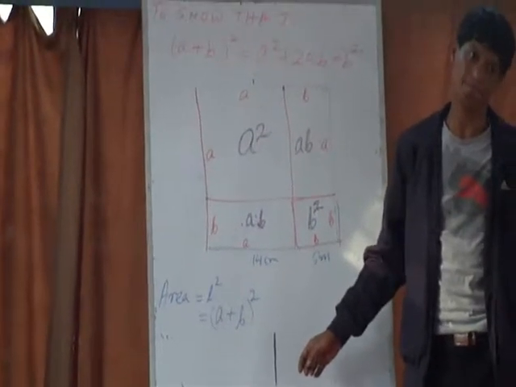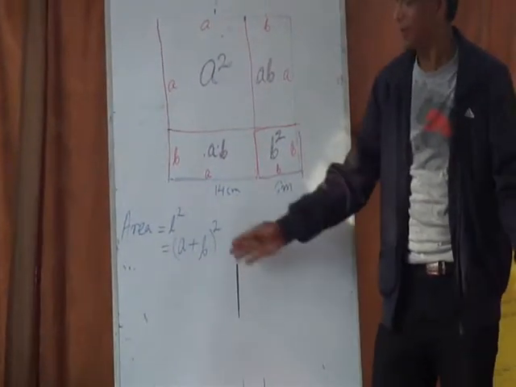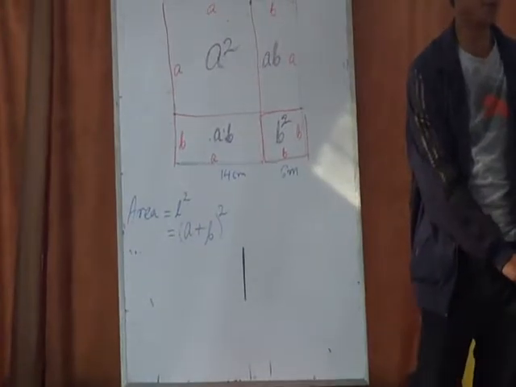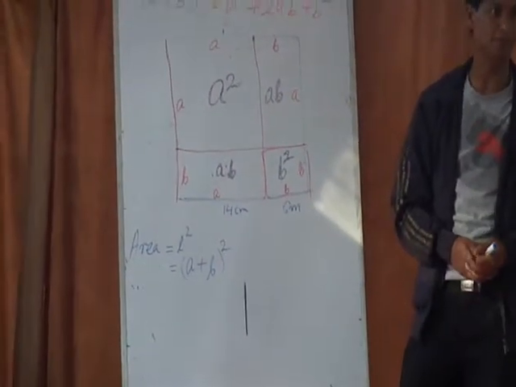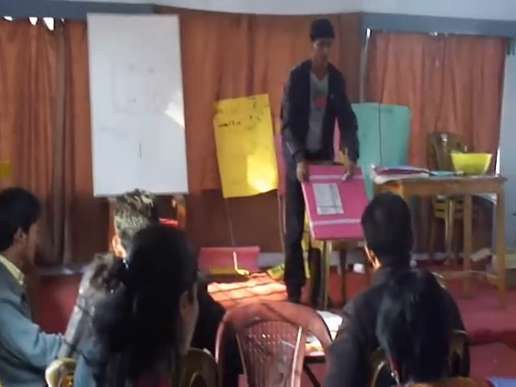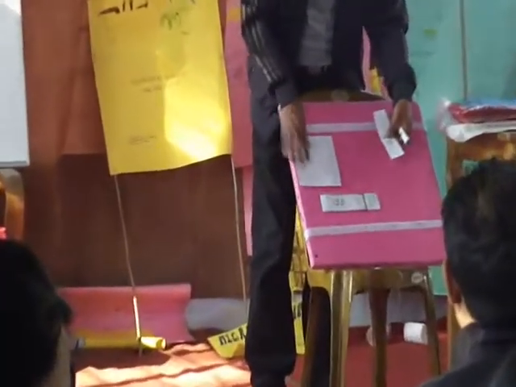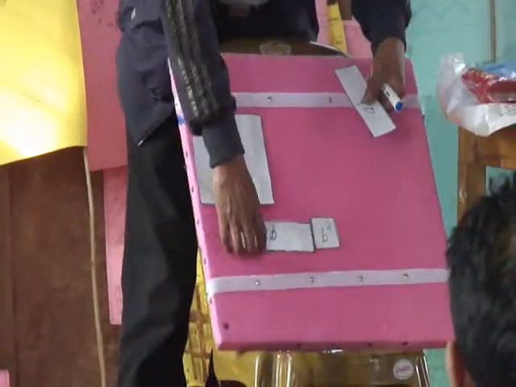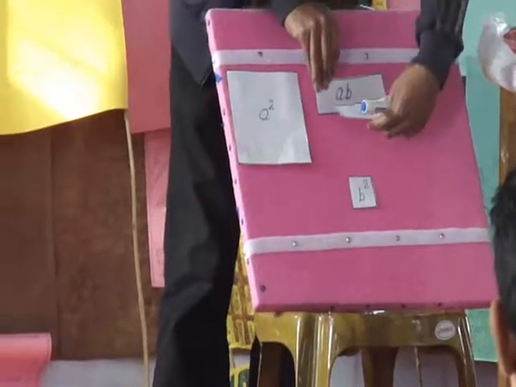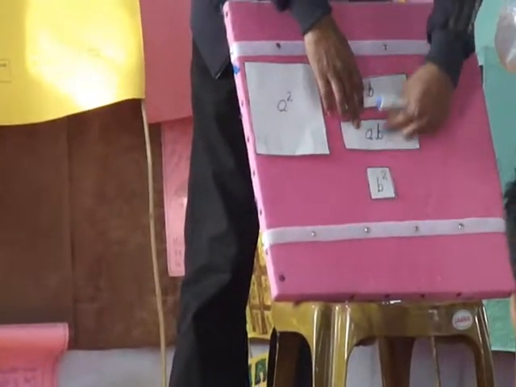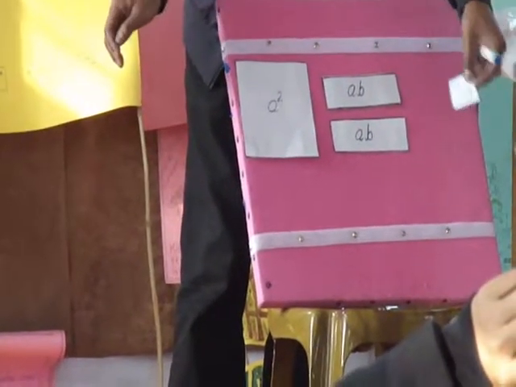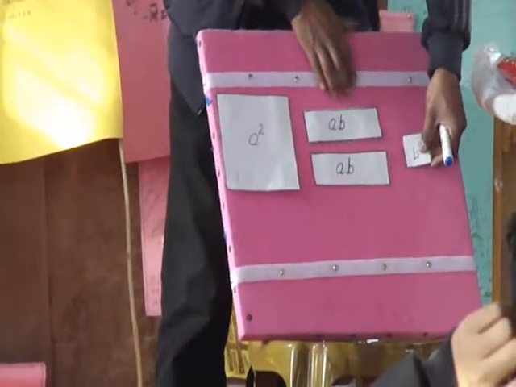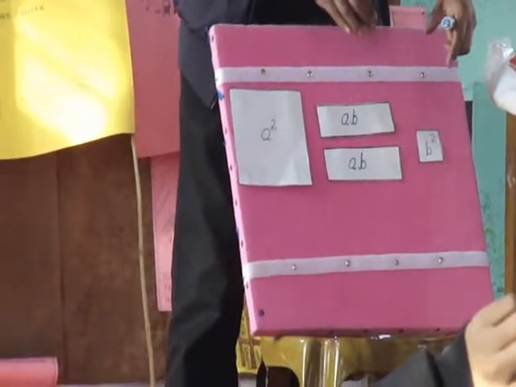So the next part, after you have cut your (a + b) whole square, what do you have? You have like this, isn't it? Like this on the flattened wood, you got 1 square, a square, isn't it? You got 2 rectangles, which are ab, and you have got another square.